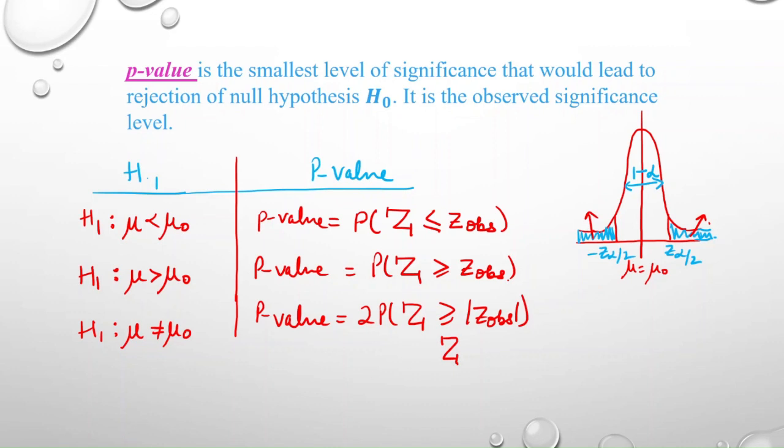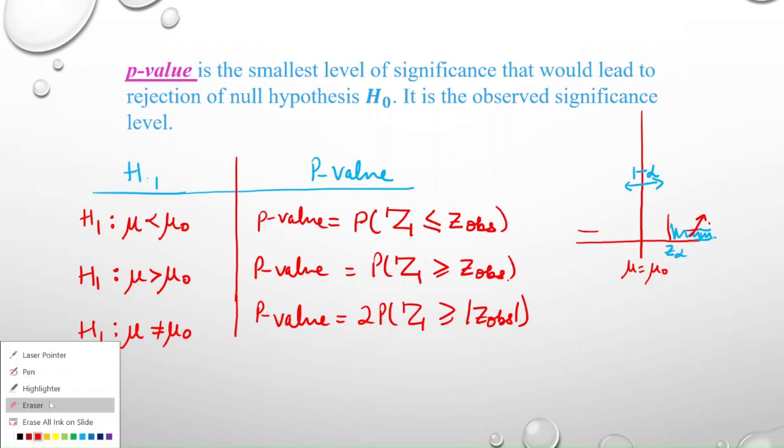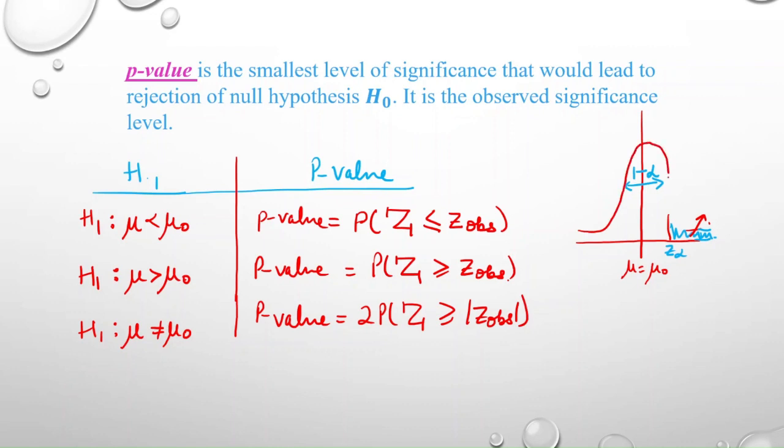Now in this case, when it is right tailed, this is my alpha, and the whole is 1 minus alpha.